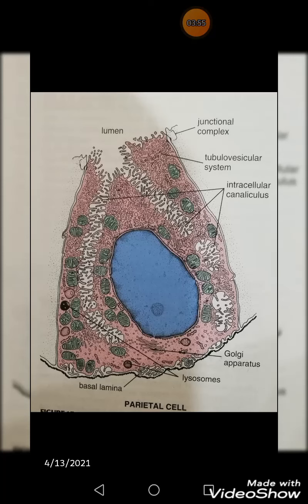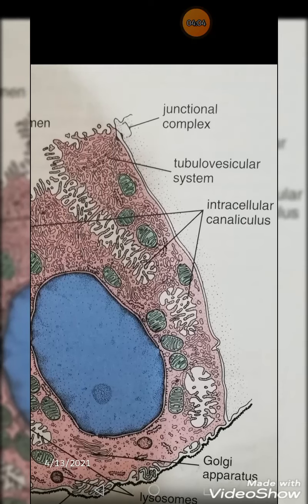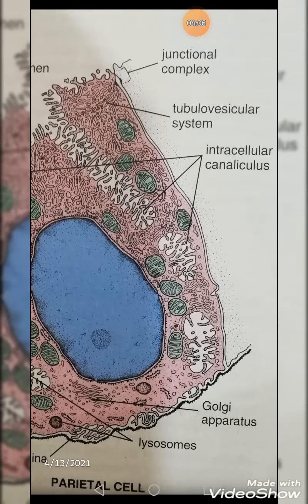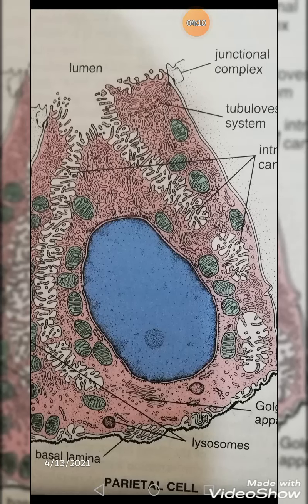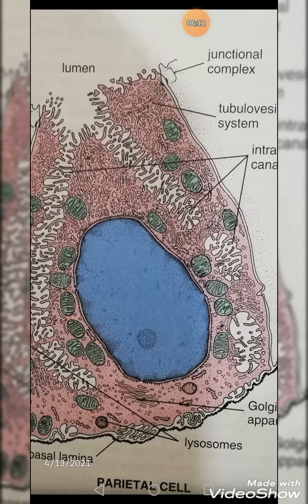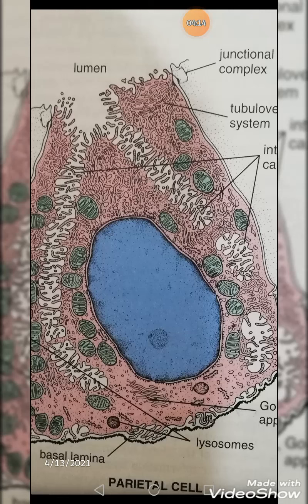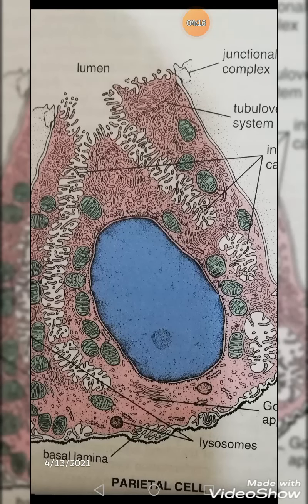Now, a special feature of the parietal cell under the electron microscope is the presence of intracellular canaliculi, meaning small canaliculi. They communicate with the lumen of the gland. These canaliculi are basically formed as a deep invagination of the luminal plasma lemma.